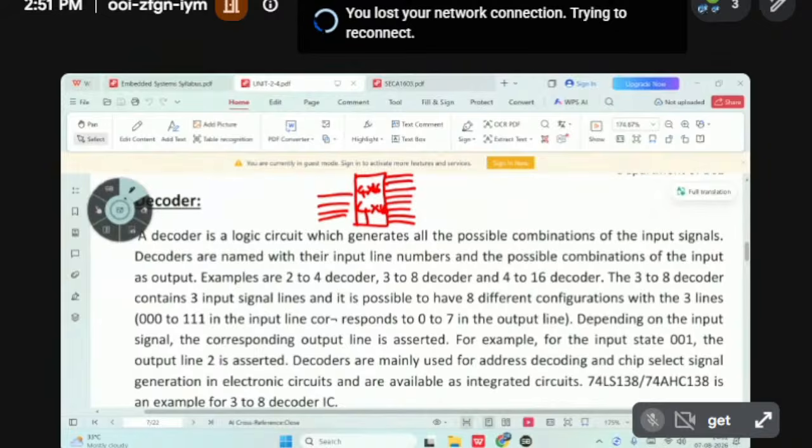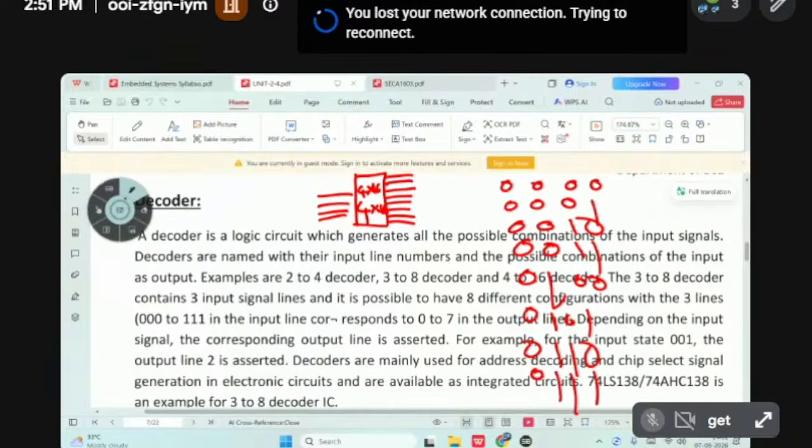ఫోర్ సిగ్నల్స్ కి ఎన్ని కాంబినేషన్స్ వస్తాయి? How many combinations we have? ఫోర్ సిగ్నల్స్ ఉన్నాయనుకోండి. ఒకటి, రెండు, మూడు, నాలుగు. ఎన్ని కాంబినేషన్స్ వస్తాయి? ఫస్ట్ కాంబినేషన్ 0 0 0 1, 0 0 1 0 నెక్స్ట్ కాంబినేషన్, 0 0 1 1, 0 1 0 0, 0 1 0 1, 0 1 1 0, 0 1 1 1 నెక్స్ట్ కాంబినేషన్. ఏదన్నా మిస్ అయిందమ్మా? నెక్స్ట్ మళ్ళీ ఒకసారి దీన్ని జీరో లాగా చేంజ్ చేయండి, వన్ లాగా రాయండి, 1 0 0 0, 1 0 0 1, నెక్స్ట్ కాంబినేషన్.